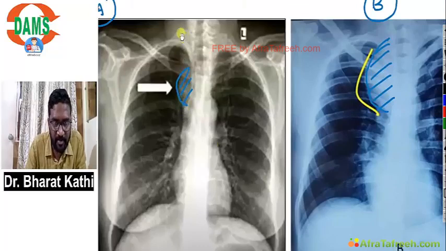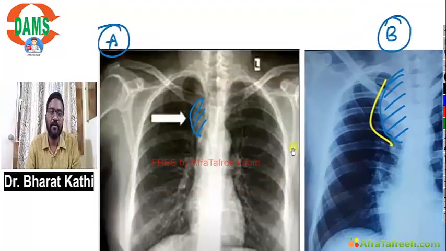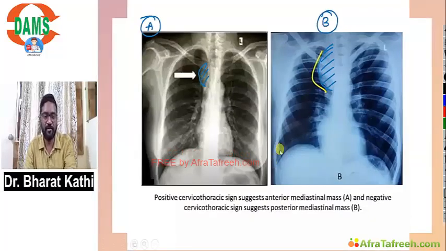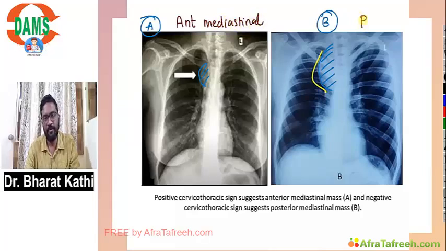It may extend up this way also, but it is not clearly visible. But this mass, if you notice, is clearly visible over the clavicles. So A will be the anterior mediastinal mass and B will be the posterior mediastinal mass.